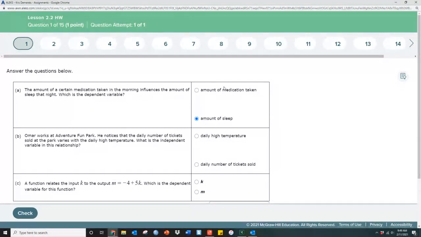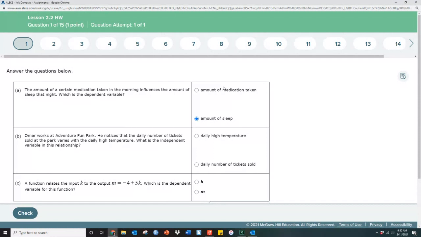And what you're doing is you're saying, well, what is it that's going to be the thing that impacts something else? Now, the number of tickets sold is going to be dependent on the temperature, right? Because if the high temperature is really, really high, then you're not going to sell a lot of tickets.